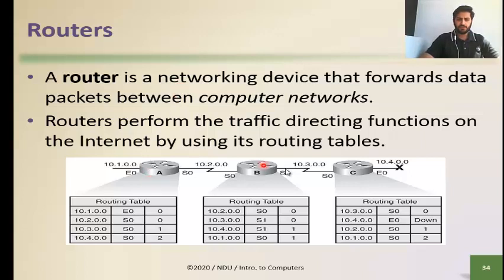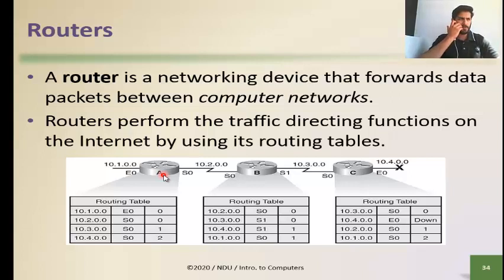So that is one example we have here. We have three routers available, router A, B and C, and this is the schematic representation of a router. One more thing I want to add here: routers are intelligent in terms of routing. They know their location.